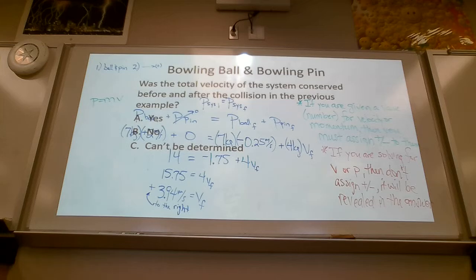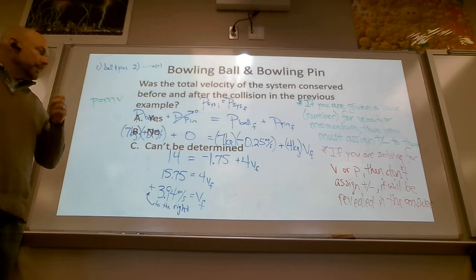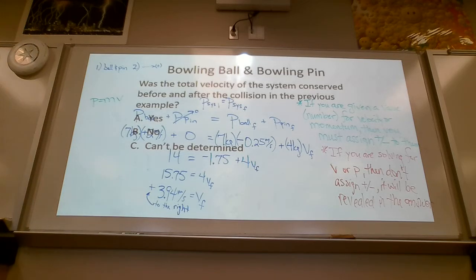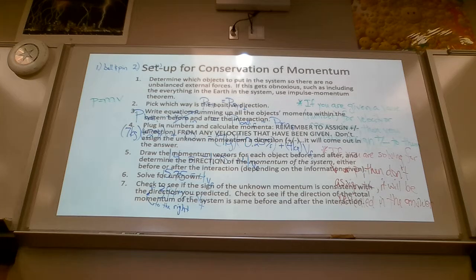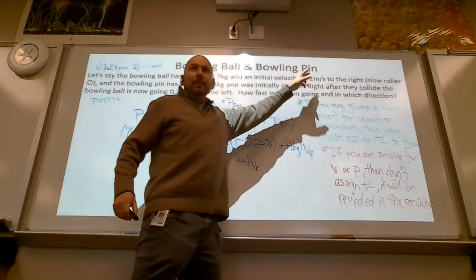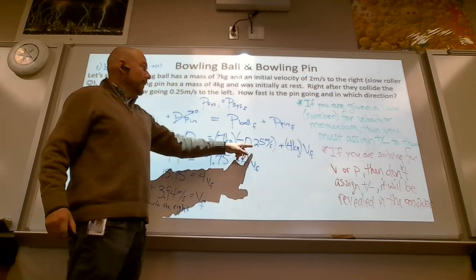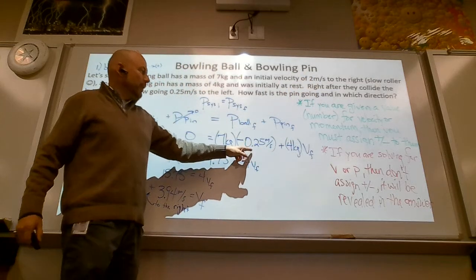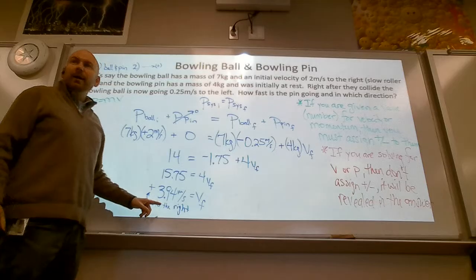Was velocity conserved? No. It started with 2 meters per second, and it ended up with negative 0.25 and 3.94.